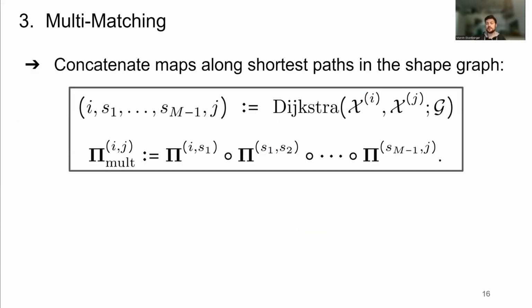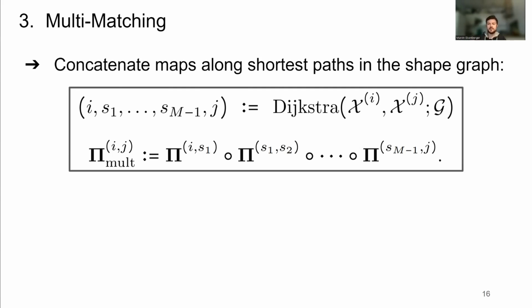Now, the final component of our method is the multi-shape matching part. And we do this by simply saying, okay, we defined the affinity scores such that a low score corresponds to very similar shapes that have a very accurate pairwise match. Now, we will leverage this information by simply saying that the final multi-shape correspondences are defined as the shortest path within our given shape graph.